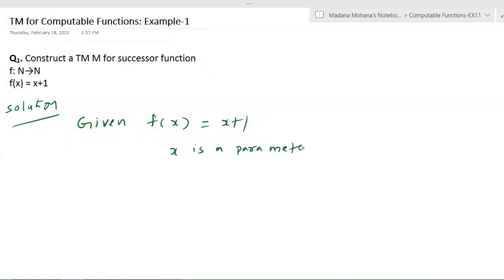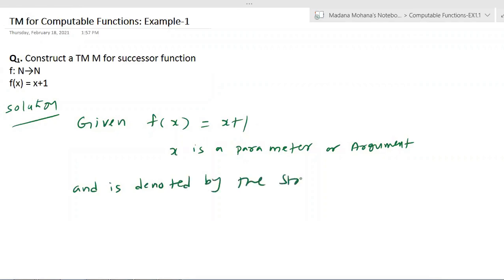So we have only one argument, and it is denoted by the string 0 power x. Whatever the x value, the unary representation is the number 0 with power the argument. If you have more than one argument, then you can concatenate with the other argument using the digit 1.